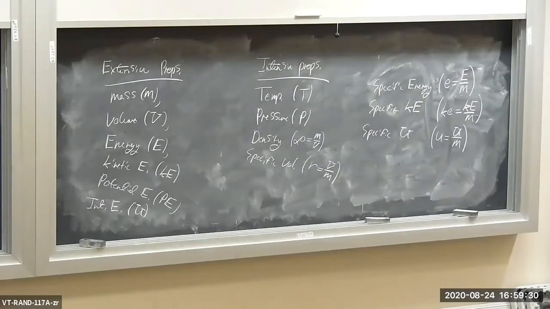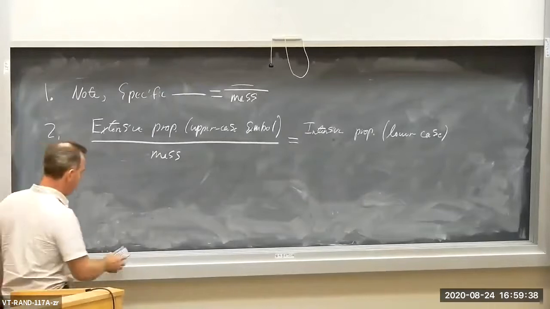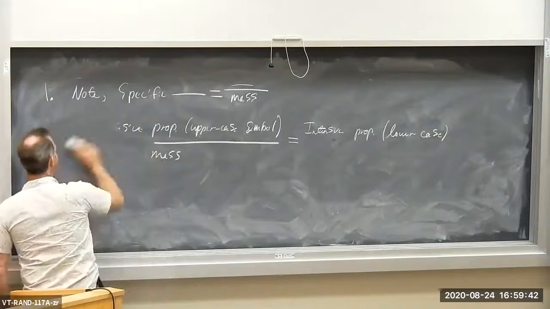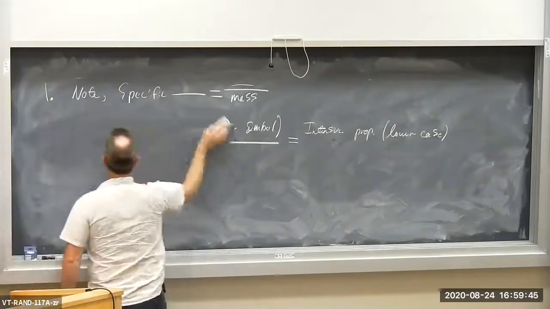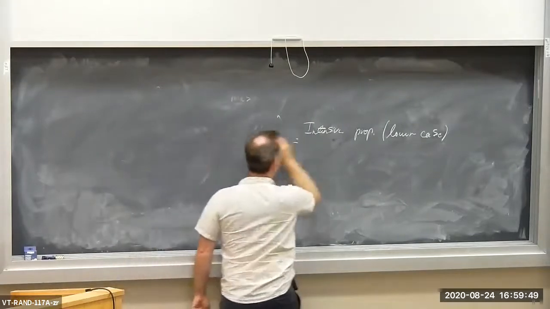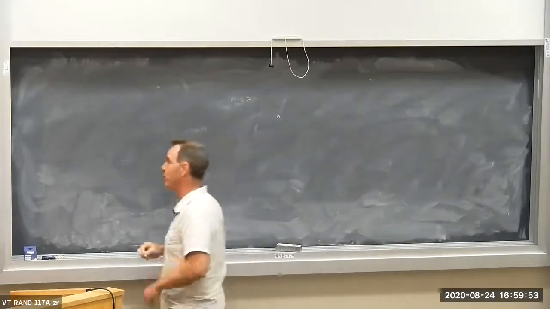All right. Now let's go over the two most common intensive properties and just spend a little bit of time on them. We're going to look at pressure and temperature, spend a little bit more time on pressure. But we'll go over both pressure and temperature.